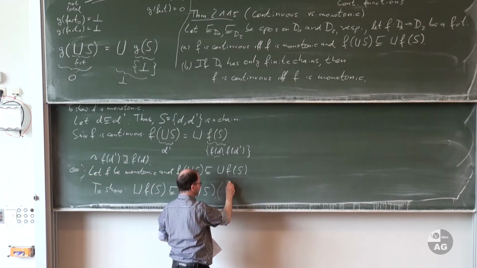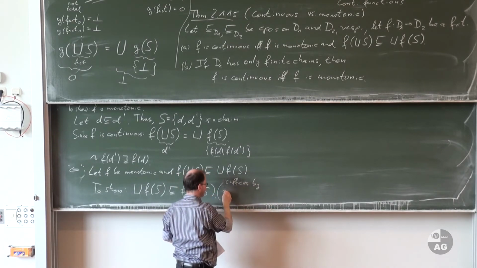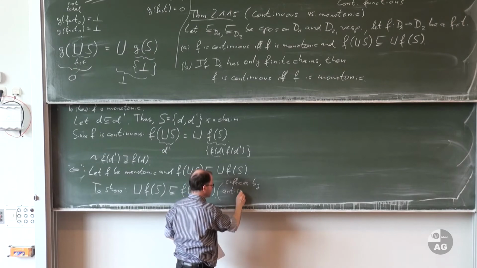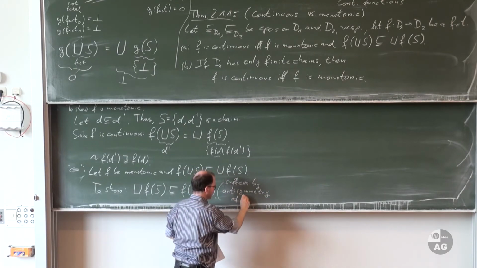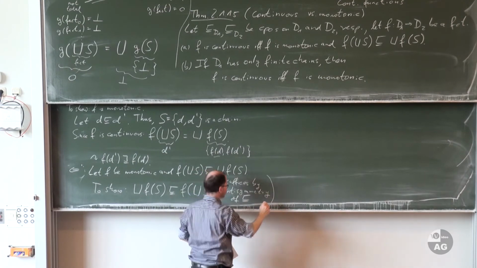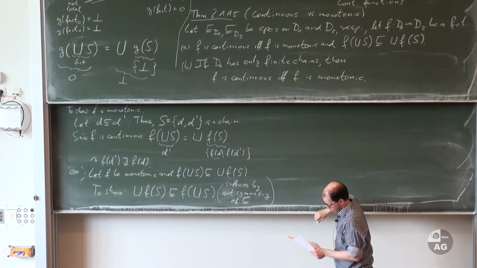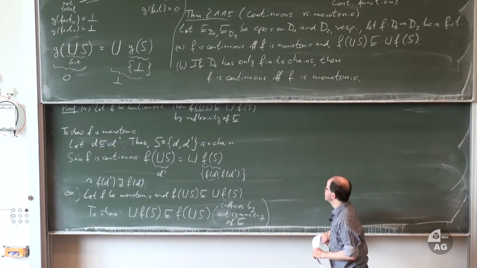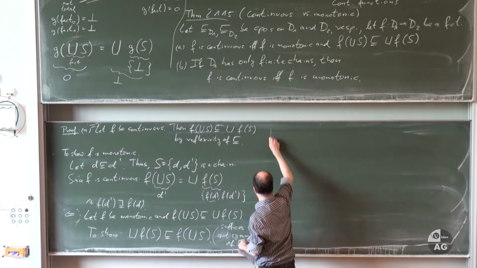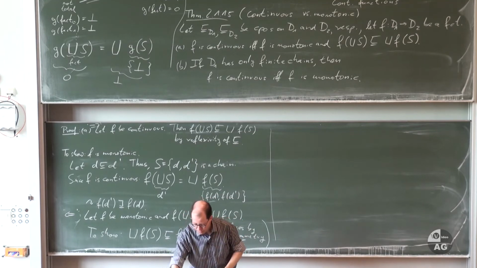So this suffices by antisymmetry of the less defined or equal relation. Okay, so this is what we have to show. And how can we do this?